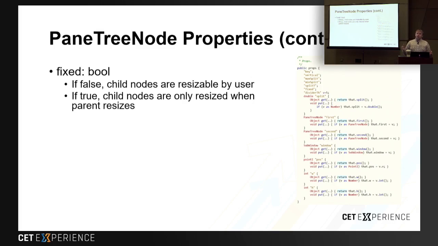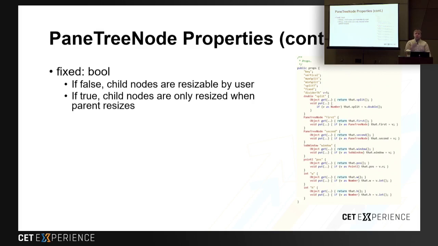This could be useful if you have, say, a list of things on the left side that can sometimes have longer names, and the user might want to be able to pull that over so that they can see the entire width of their text. There's a few different applications for that.